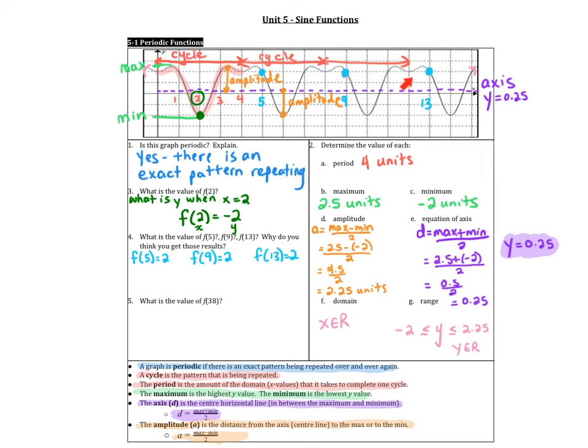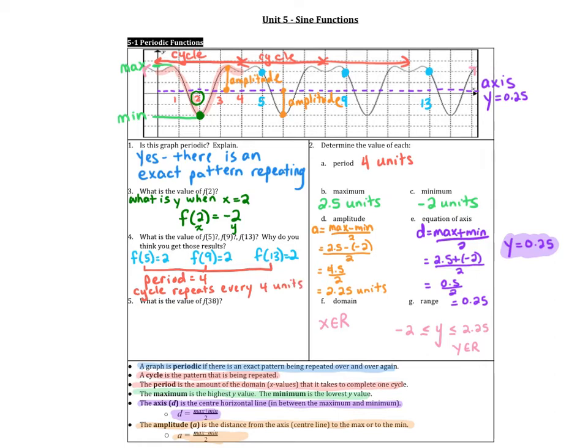So the reason why it does that is because these are all 4 units apart. The period equals 4, which means the cycle repeats every 4 units.